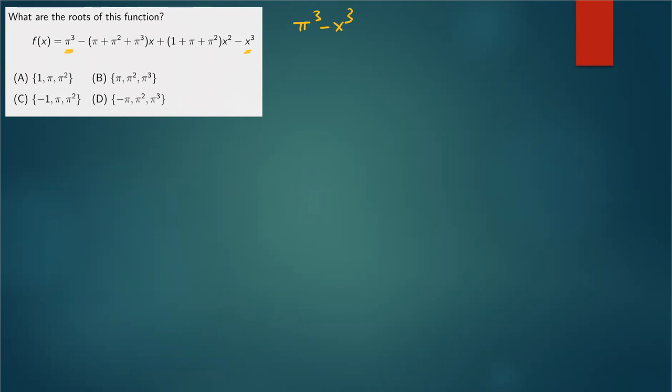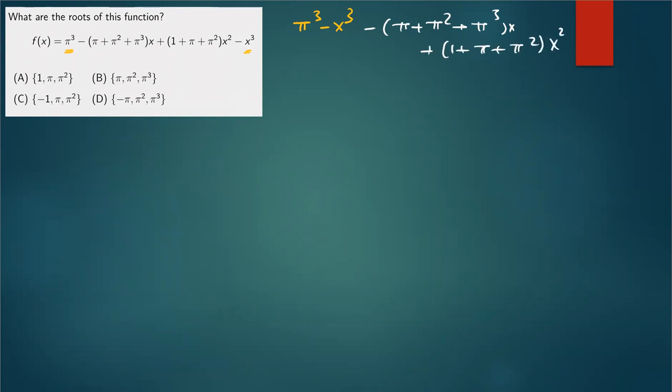So that will be, let's start with the lower power of x, because this one is with the least power of x, negative (pi plus pi squared plus pi cubed) times x, plus the other group, which is (1 plus pi squared) times x squared.